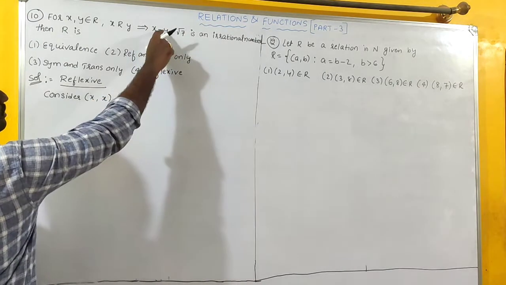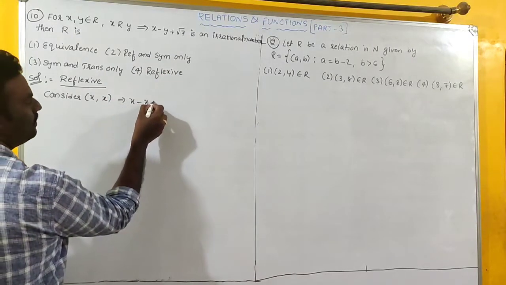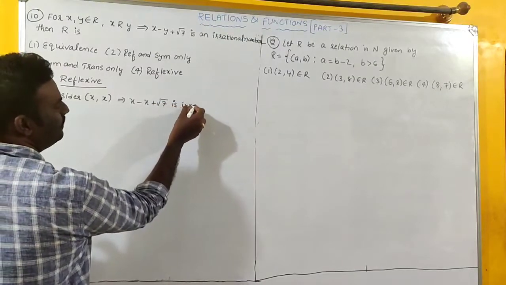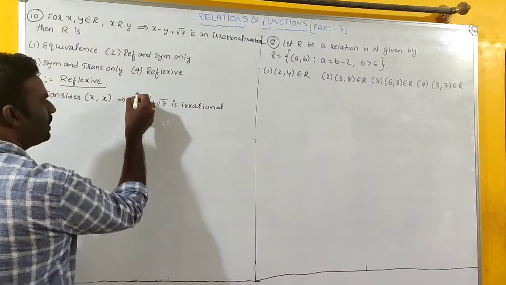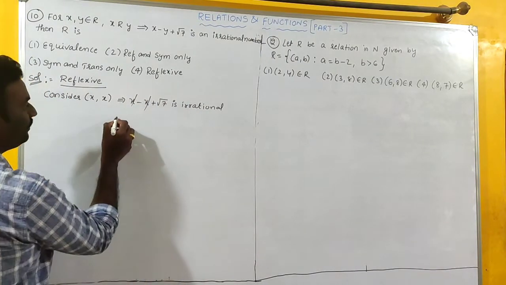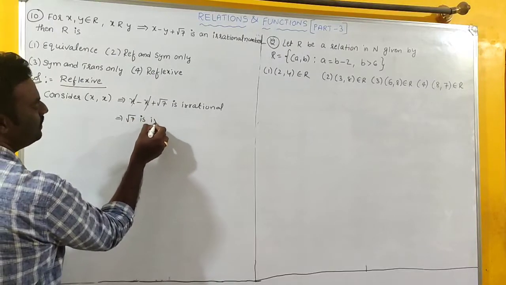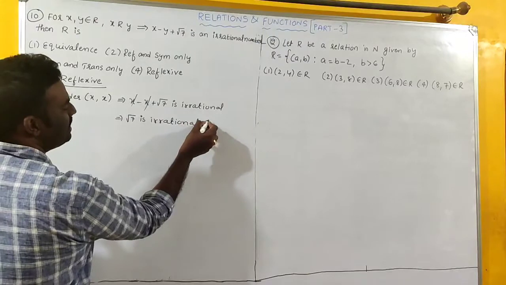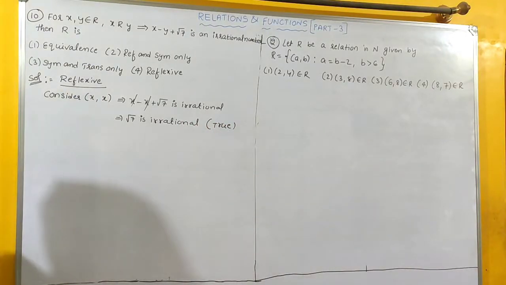Substitute here, in place of y also substitute x. x minus x plus root 7 is irrational. x gets cancelled. Then root 7 is irrational. This statement is correct or not? Yes. Root 7 is an irrational number.